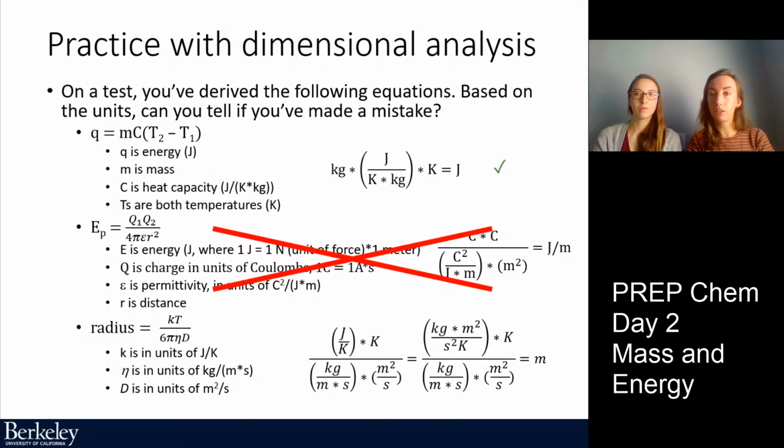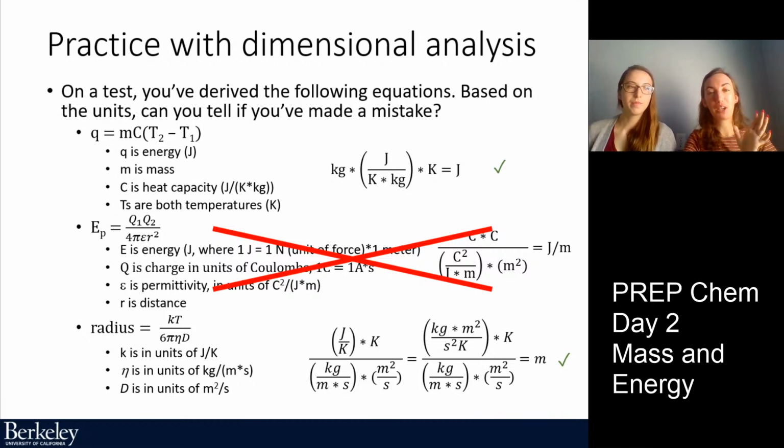So that one is a little bit trickier, and just to remind you that derived units can sometimes trip you up, you have to get everything down into base units. So this equation is actually true. This is a real equation that I use in my research.